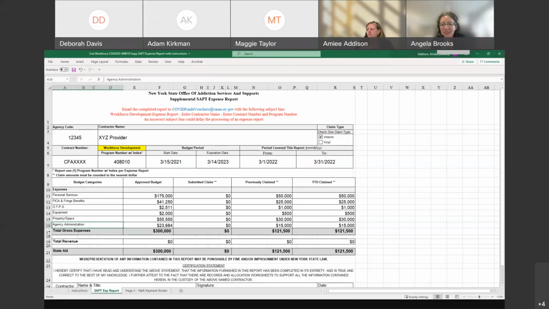The next one is, is the 25% advance ever noted on the claim form? So the final year-to-date claim won't equal the full contract total, correct? Not quite sure.